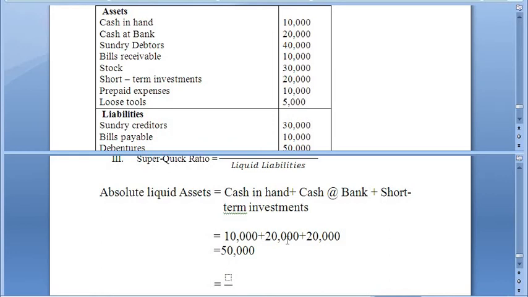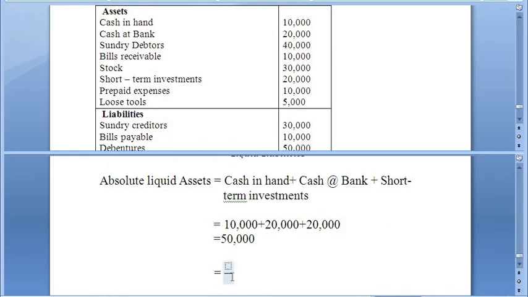Now put both the values into the formula. 50,000 absolute liquid assets and liquid liabilities 50,000.